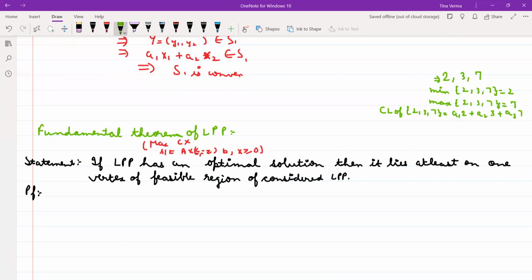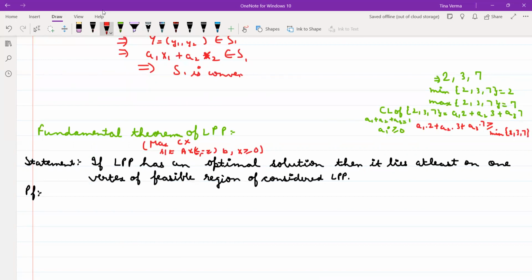And obviously A1 plus A2 plus A3 is equal to 1, and all Ais are greater than equal to 0. So this is the CLC of these. You can notice this is A1 into 2 plus A2 into 3 plus A3 into 7. This CLC will always be greater than equal to the minimum of the given numbers 2, 3, 7.